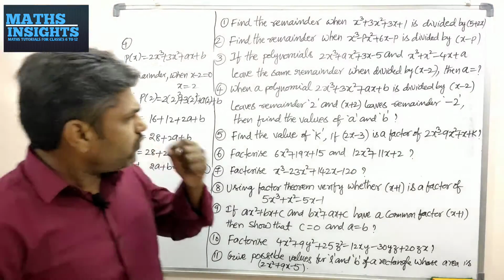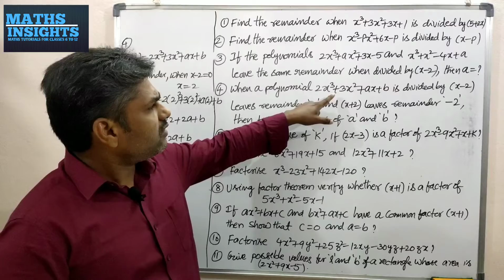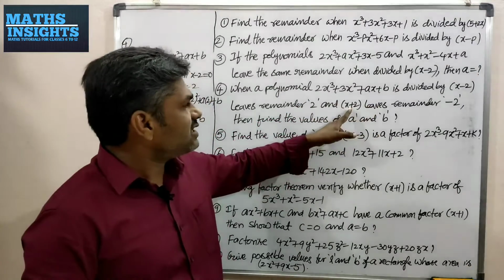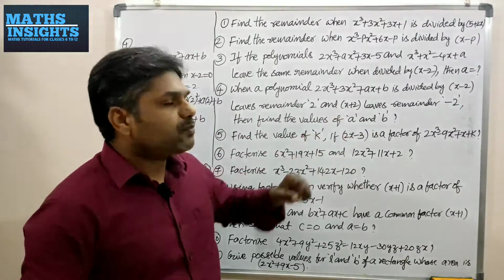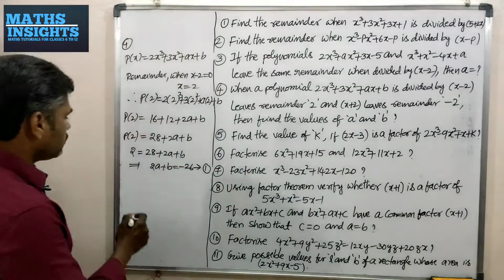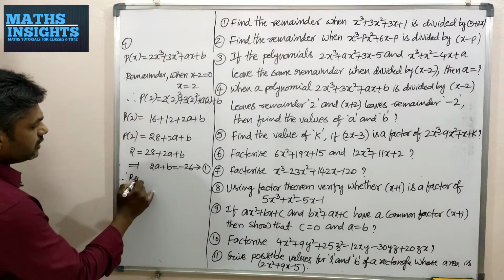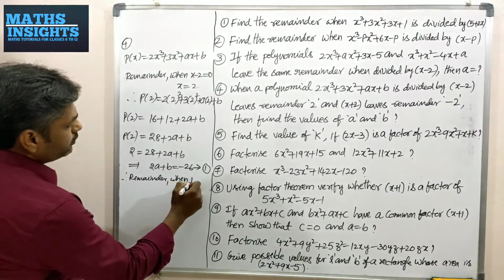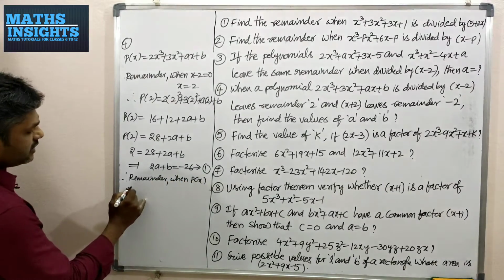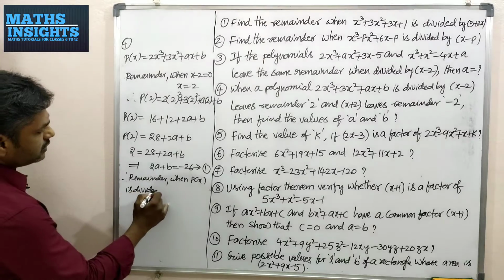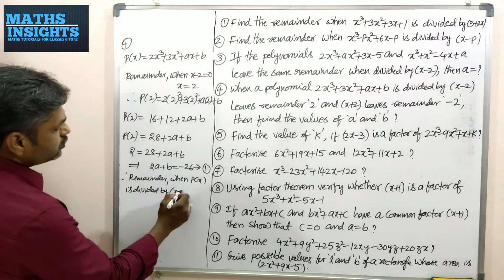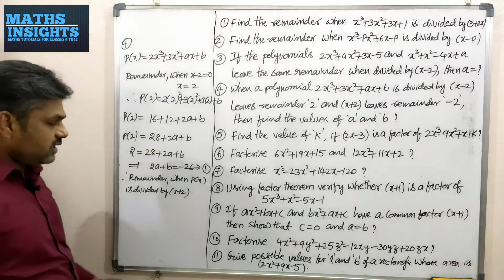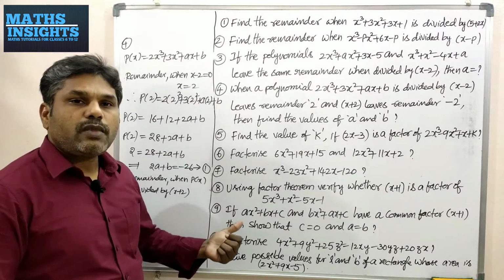Similarly, you have to find the remainder when the given polynomial is divided by x plus 2. Therefore the remainder is equal to the remainder when p of x is divided by x plus 2. That means you have to place x equals minus 2.